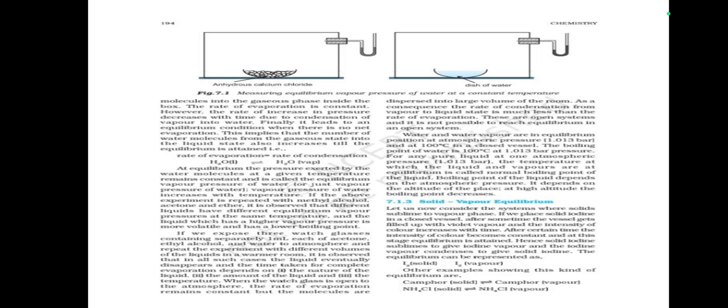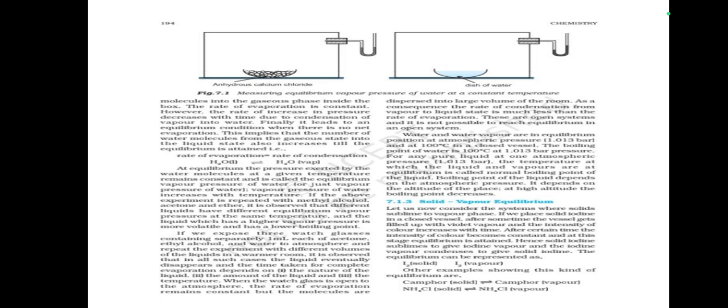Solid vapor equilibrium. Let us now consider the systems where solids sublime to vapor phase. If we place solid iodine in a closed vessel, after some time the vessel gets filled up with violet vapor, and the intensity of color increases with time. After a certain time, the intensity of color becomes constant, and at this stage equilibrium is attained.